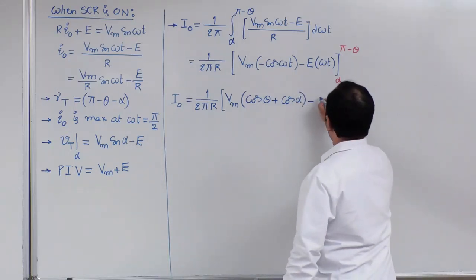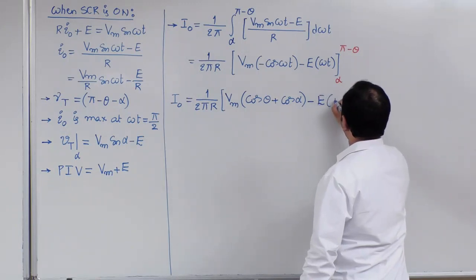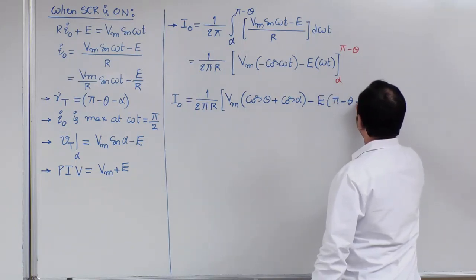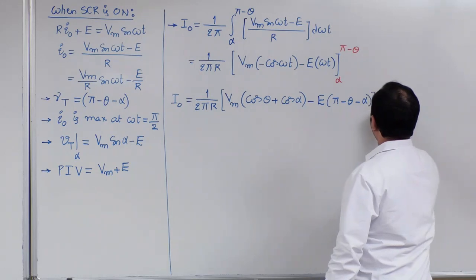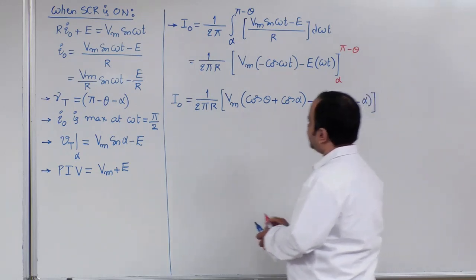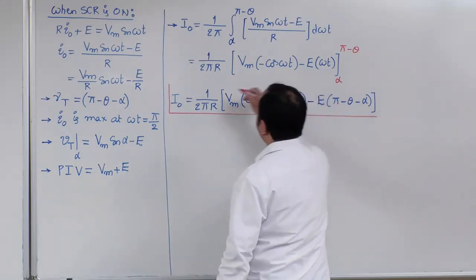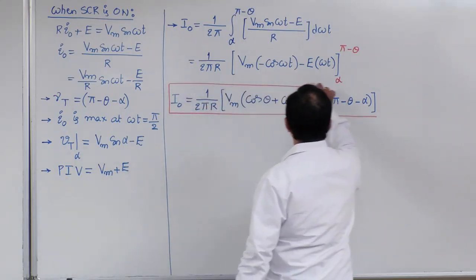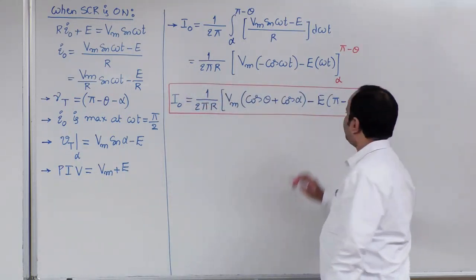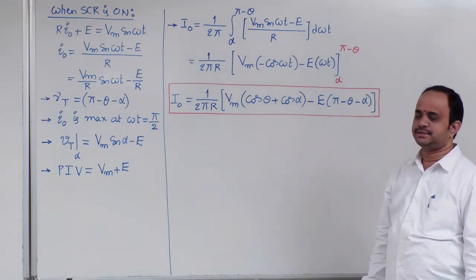Minus E into pi minus theta minus alpha. So it will give you the expression for average output current.